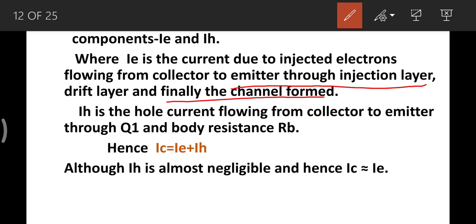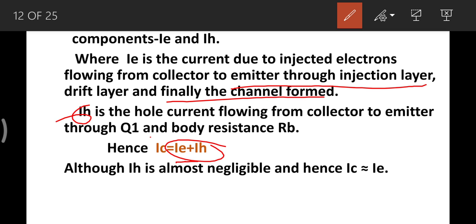And IH is the hole current flowing from collector to emitter through transistor Q1 and body resistor RB. Hence the total collector current is defined as the injected emitter current and hole current, okay?